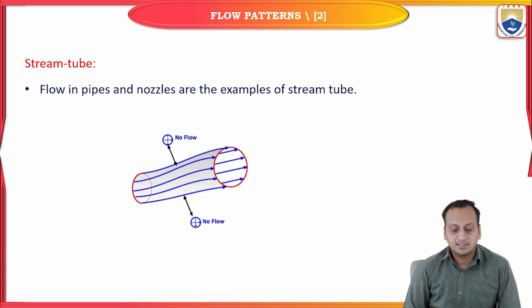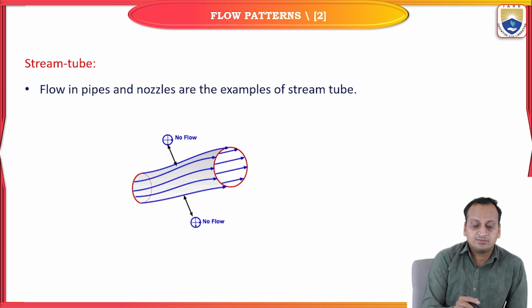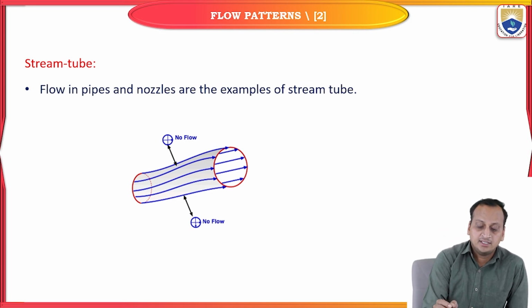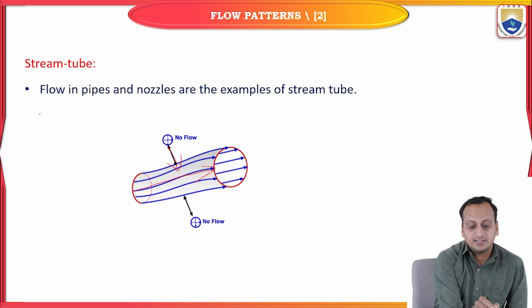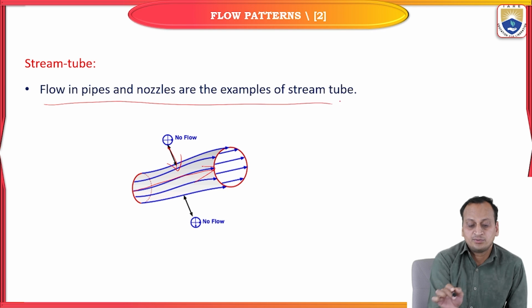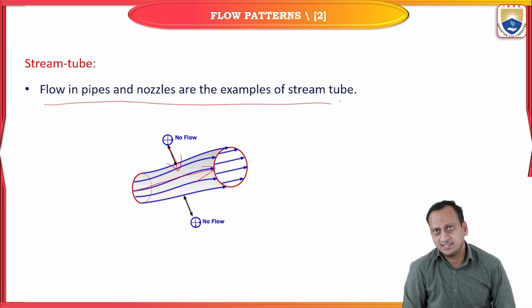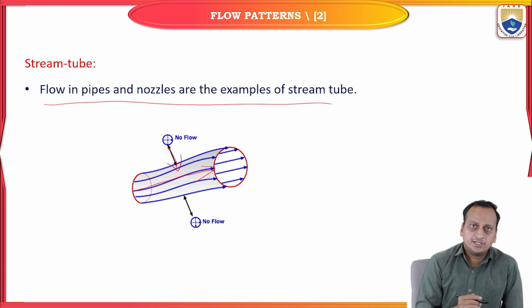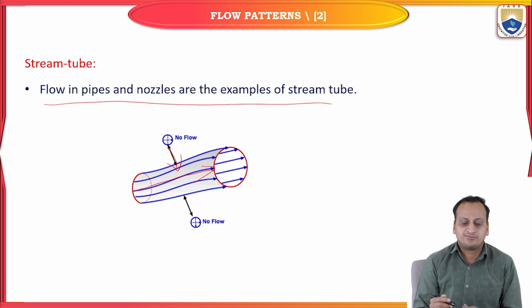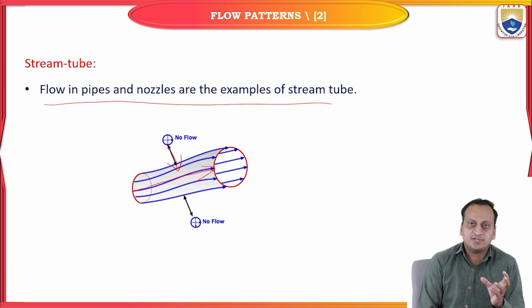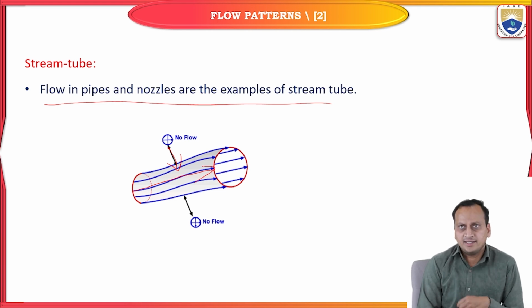So we can see another type of stream tube and its example. As there is no cross flow across a streamline, there will be no cross flow across a stream tube also. One example is flow through pipes with a low velocity: the uniform steady flow through a pipe at a constant pressure can be taken as an example of a stream tube.